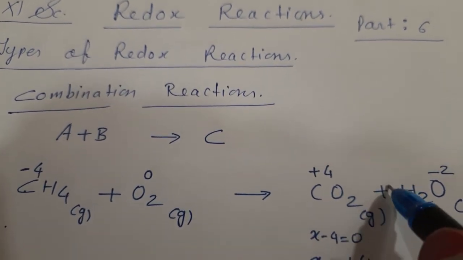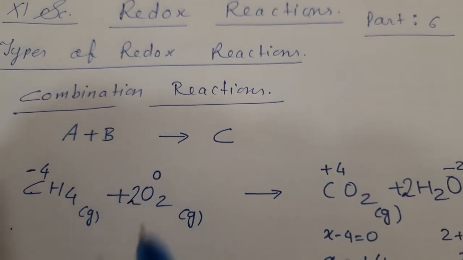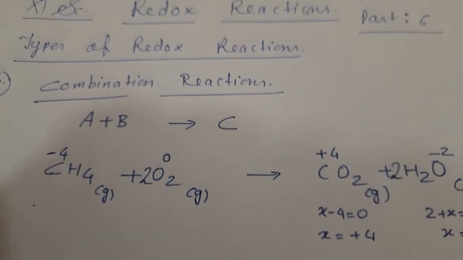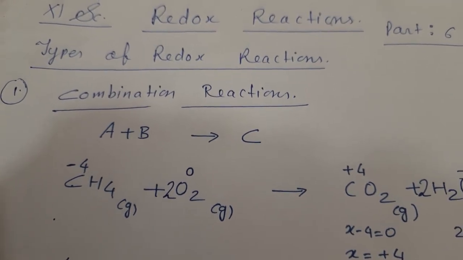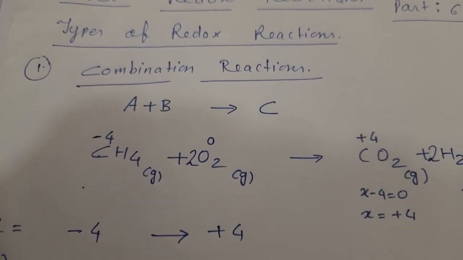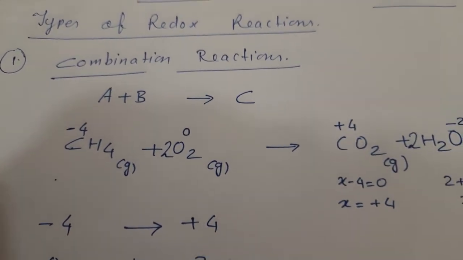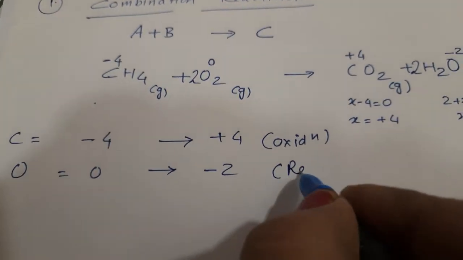For H4, write 2H2O, and then 4 oxygen, so 2O2. Correct? So in this way we say carbon goes from -4 to +4, oxygen from 0 to -2. So oxidation and here reduction.